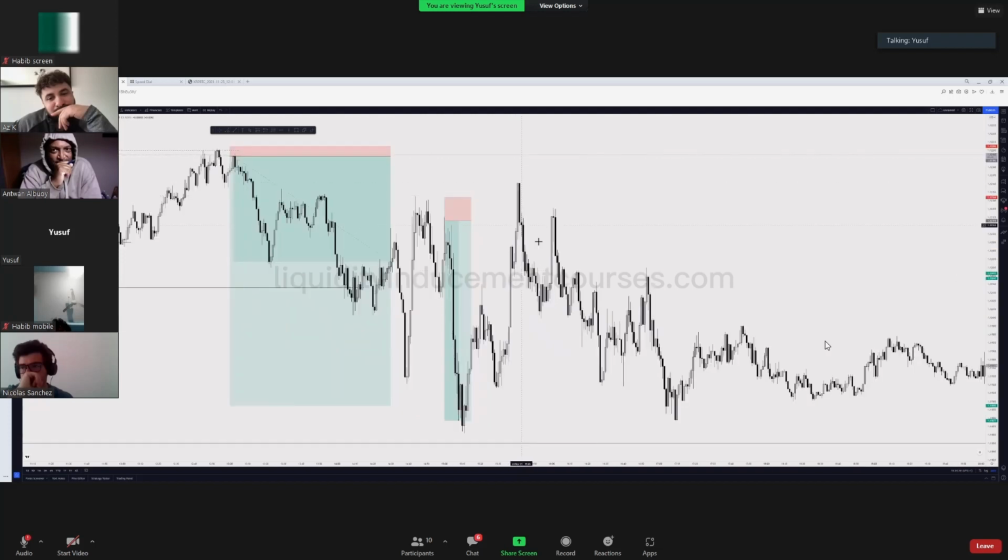I don't need to start looking for 1 minute MSU. Just a push and a retest, I can sell. So I can actually come here and then sell from this candle directly.